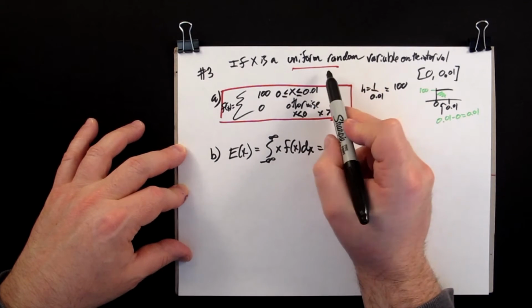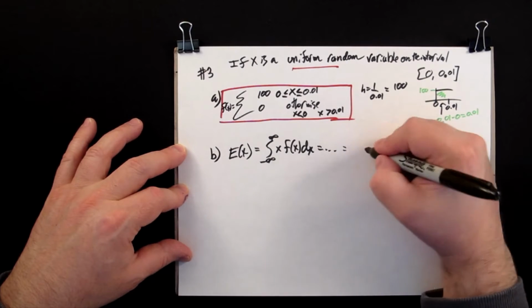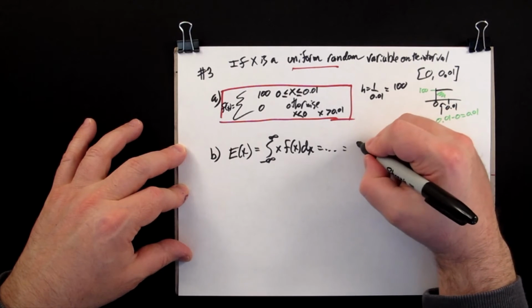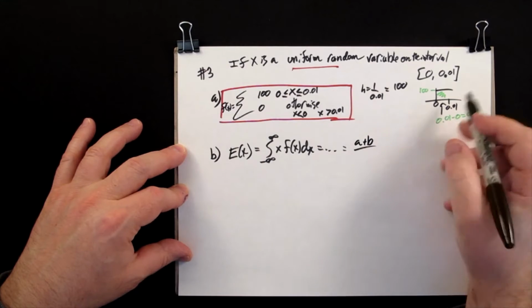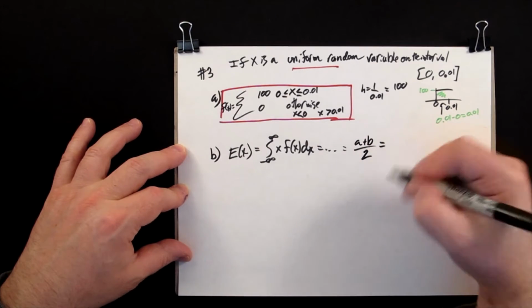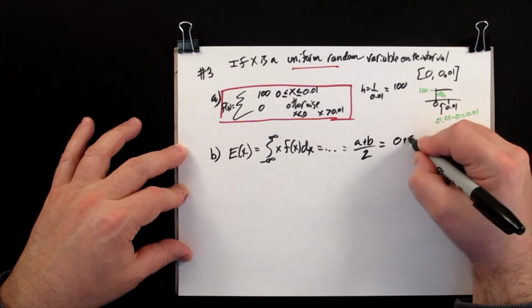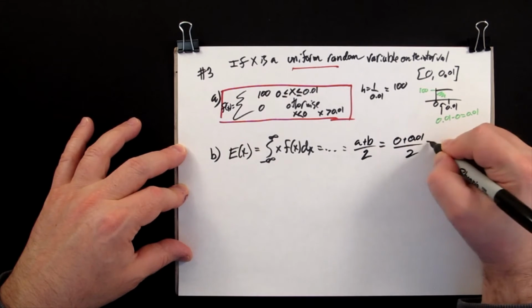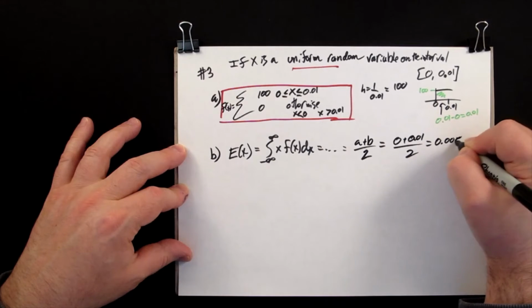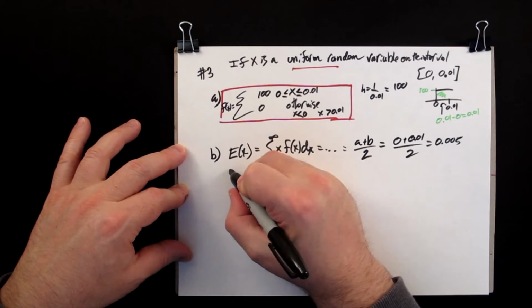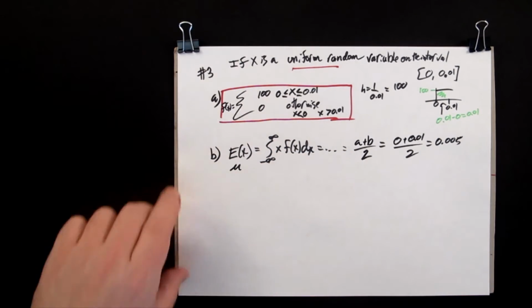But because this is a uniform random variable, there's a formula for it. You average the start and end point and divide by 2. So a plus b divided by 2. So 0 plus 0.01 divided by 2 gives you 0.005 for your expected value or mean.